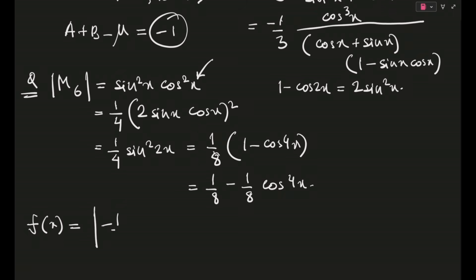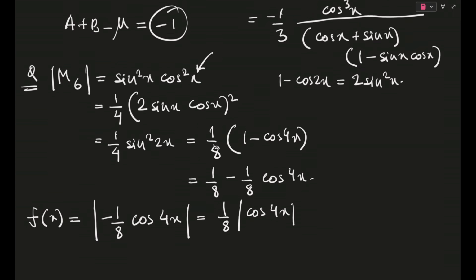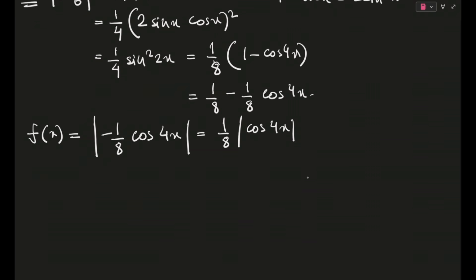So basically it is mod of minus 1 by 8 cos 4x. The constant will easily come outside, so this becomes 1 by 8 mod cos 4x.